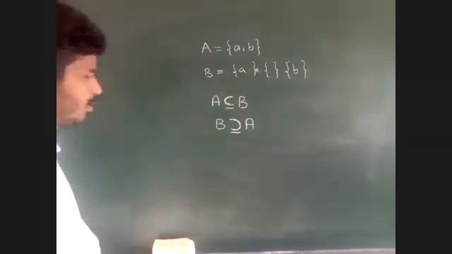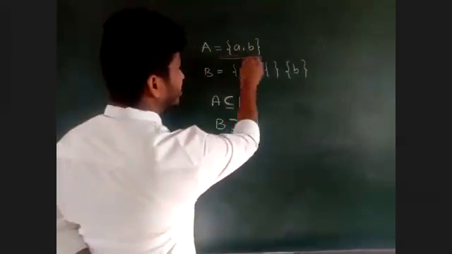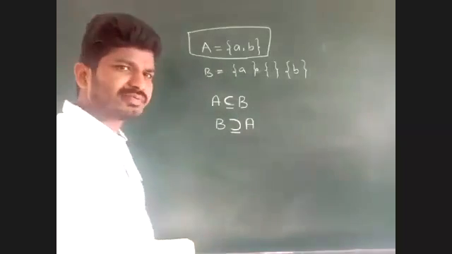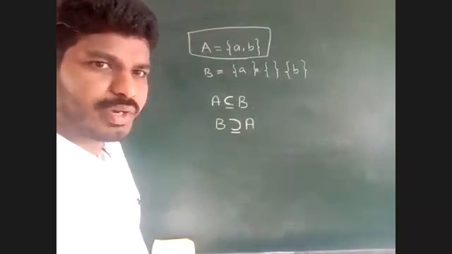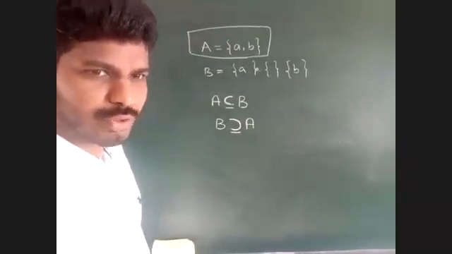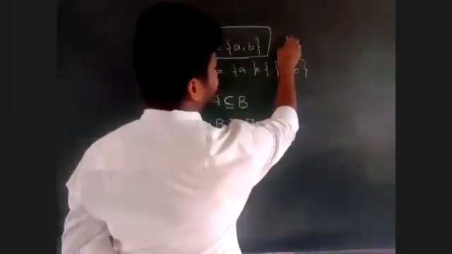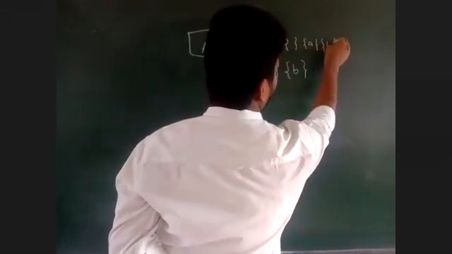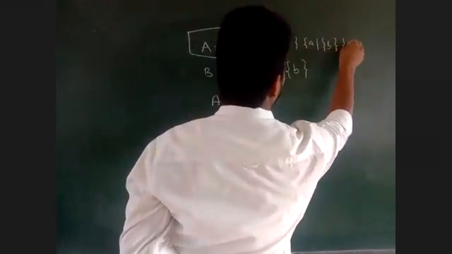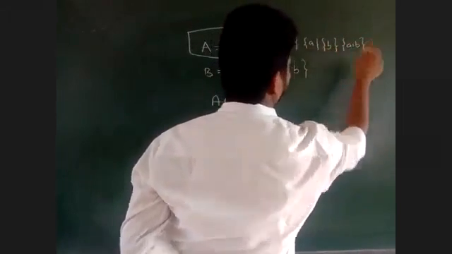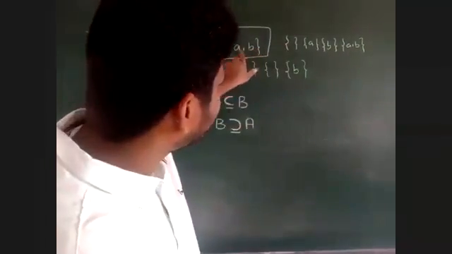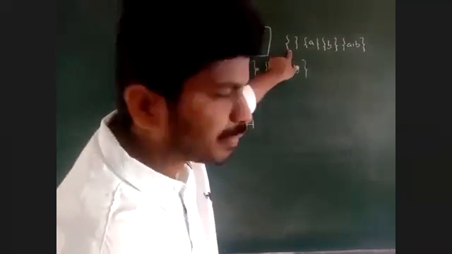Take one example, for example, this only. Then tell me, from the set A comma B, how many subsets are there? Four subsets. That is empty set, A, B, and A comma B. Now, from these, is the set A comma B a subset of the empty set or not?